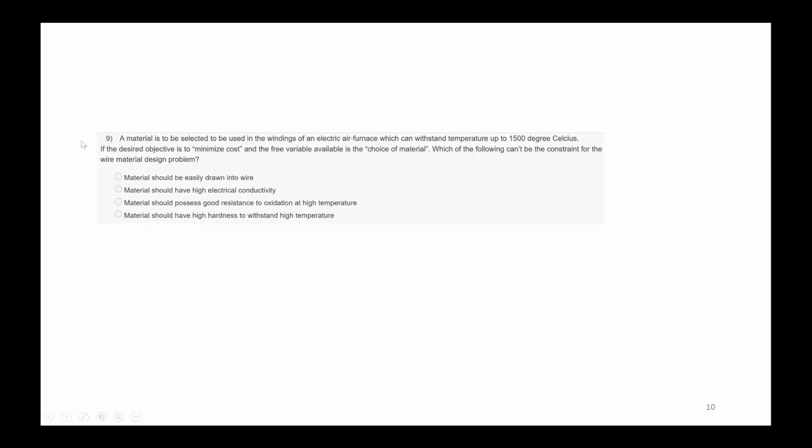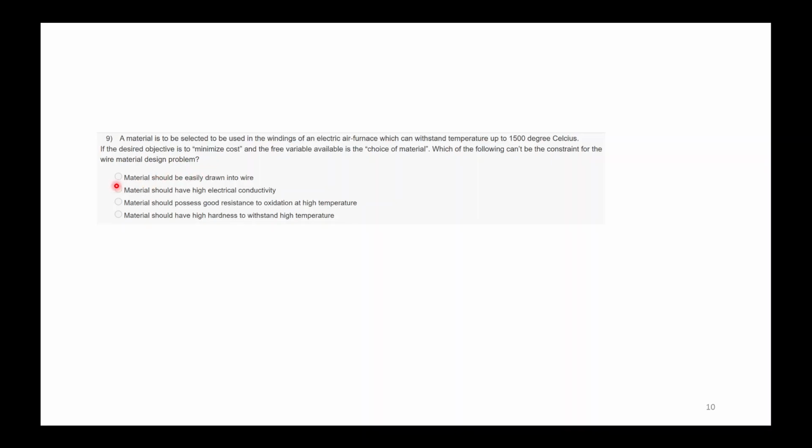Now question number 9. A material is to be selected to be used in the winding of an electrical arc furnace which can withstand temperature up to 1500 degrees Celsius. Now if the desired objective is to minimize cost, and the free variable available is the choice of material, which of the following can't be the constraint for the wire material design problem?